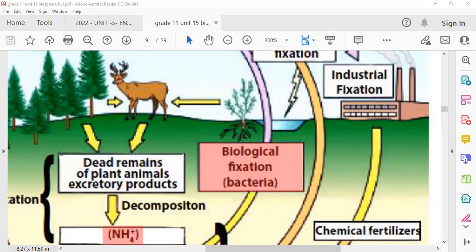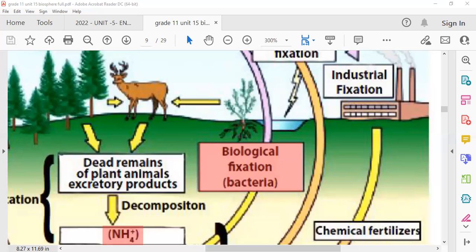Another bacteria is called Azotobacter. Azotobacter and Rhizobium, if you consider, there's a major difference. Rhizobium bacteria can fix nitrogen only when it stays inside the root nodules of legume plants.